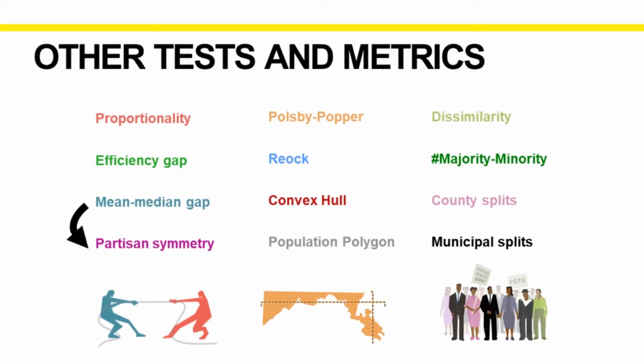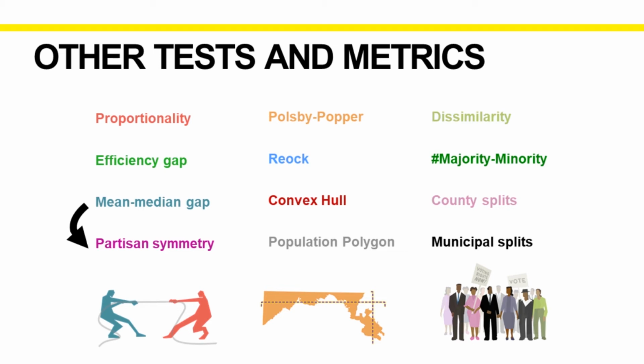And there are so many other kinds of tests and criteria, and I think you've been hearing about many of them already. Under partisan criteria: proportionality, efficiency gap, the mean-median, which is a kind of partisan symmetry score. These are some of the zoo of partisan metrics. Then there are compactness metrics, Reock, Polsby-Popper, population polygon, and dozens more.